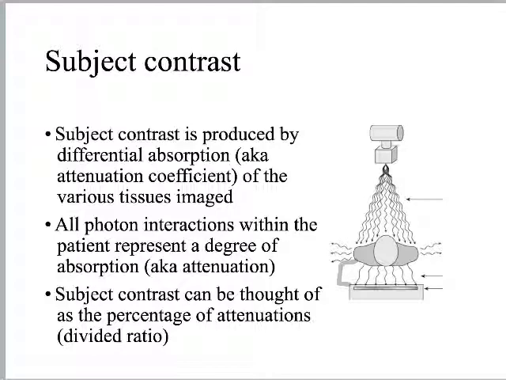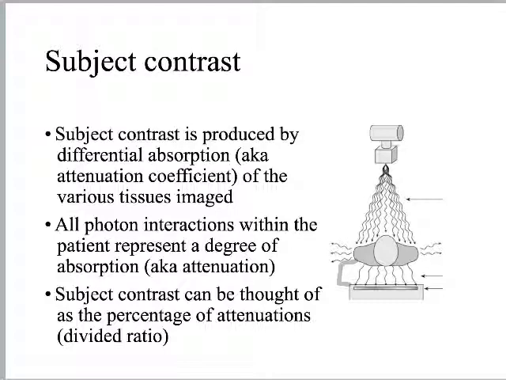Some of that primary beam is striking the patient and just being absorbed, and we generally call that photoelectric absorption. So we'll talk about what guides that absorption. Without photoelectric effect, we would not have diagnostic X-rays. It's essential to the imaging process. Some of them are just stopped, and then there's a small number of them that are scattered in funny directions.